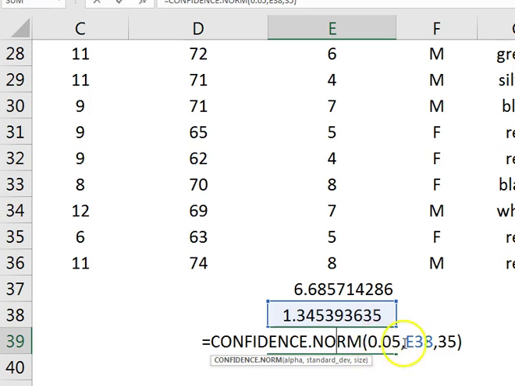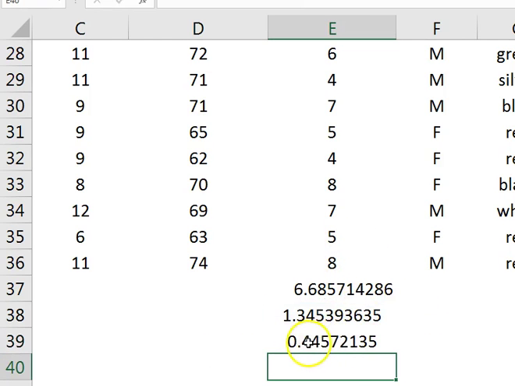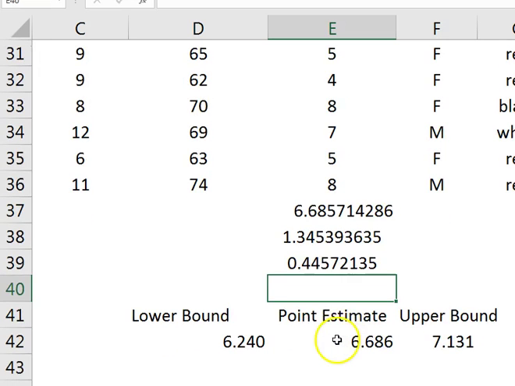So we enter the percent that it won't contain the population mean as our first argument. The second argument is the standard deviation. The third is the sample size, which was 35 pieces of data. This is how wide our interval needs to be out from our sample mean, our point estimate in the middle.